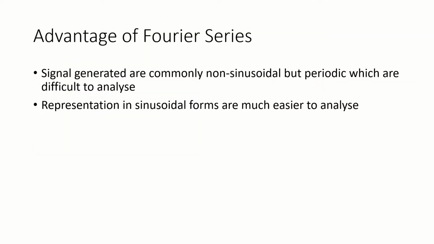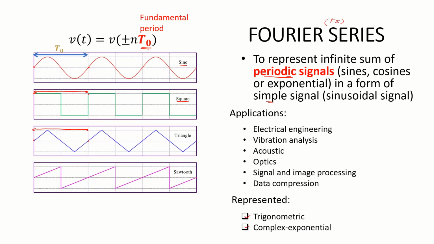This is an add-on that I didn't explain in the previous class. A little bit about the advantages of the Fourier series. What are the advantages? The signals commonly generated in the real world are non-sinusoidal waveforms. They can be sawtooth, triangle, or an envelope.